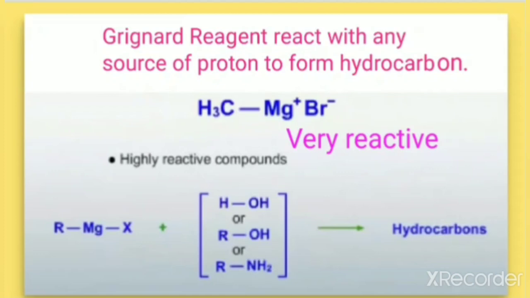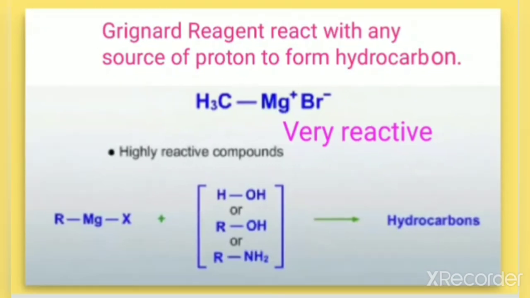Because the Grignard reagent is very reactive. Because of this reason only, it is very necessary to avoid even traces of moisture from a Grignard reagent during its preparation, because these react readily with oxygen and carbon dioxide.